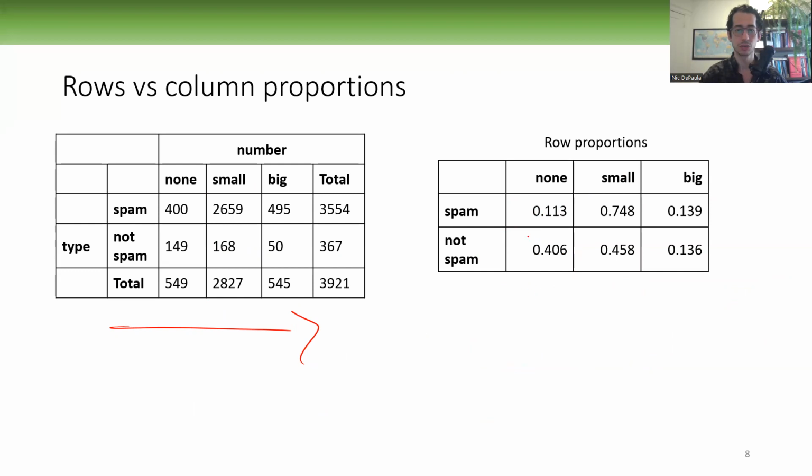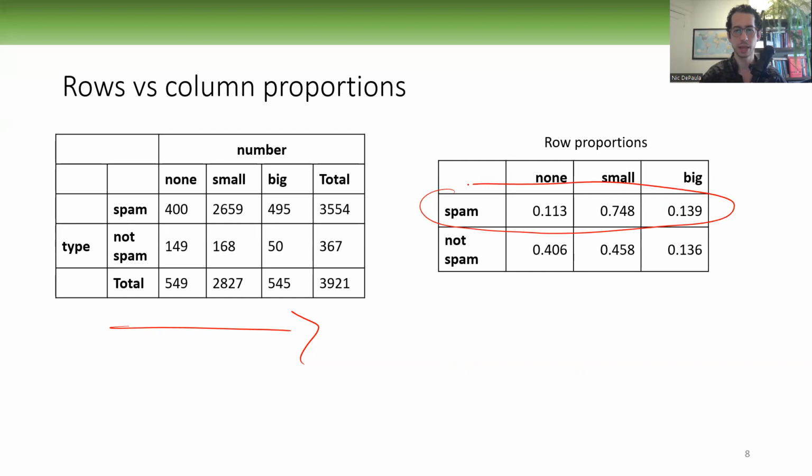So within spam messages, and here we already calculated from the proportions, within spam, 11% had no numbers, 75% had small numbers, and 13% had big numbers. So we can also see a differentiation here.